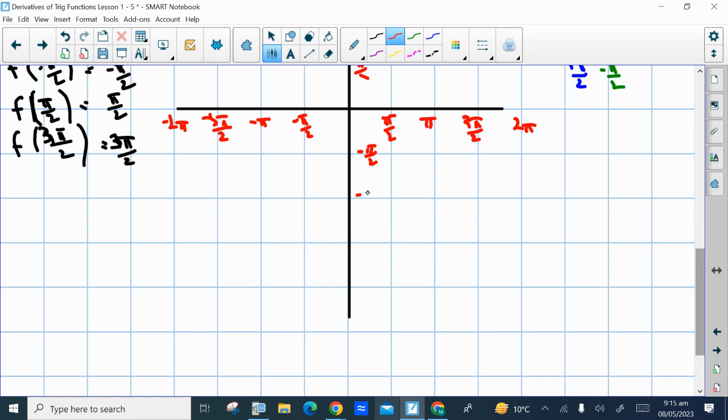Negative pi on 2, negative pi, negative 3 pi on 2, negative 2 pi.